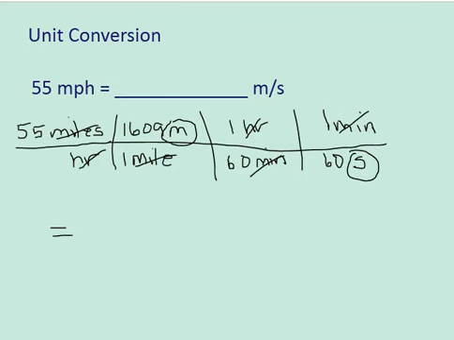If you're not using parentheses around your 60 times your 60 on the bottom to make sure your calculator knows to do that multiplication first, remember you're doing division on each one, so it should be divide by, divide by. Watch how you do your order of operations. And last but not least, this would come out to be about 25.7 meters per second.